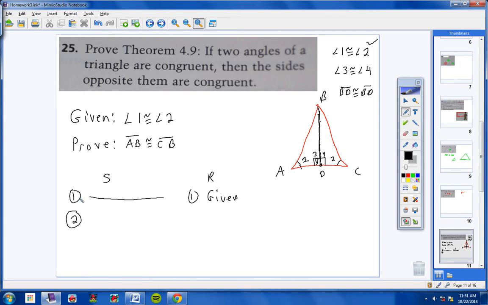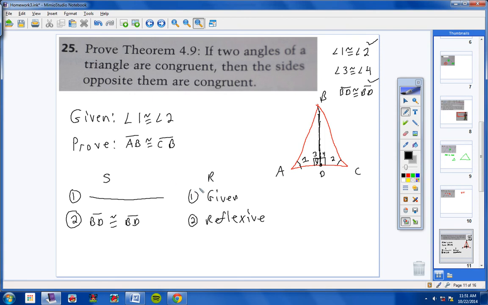Let's state that BD is congruent to BD, okay? And so that's going to be the reflexive property. Okay, check that off. Wrong one, sorry. There we go, check it off.